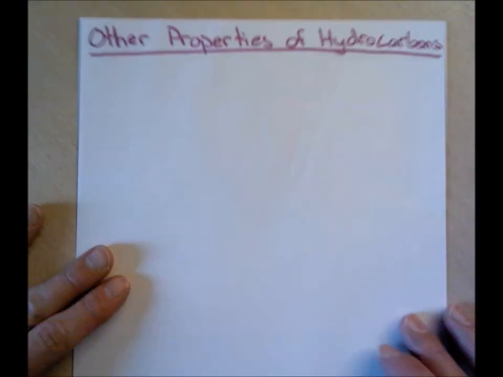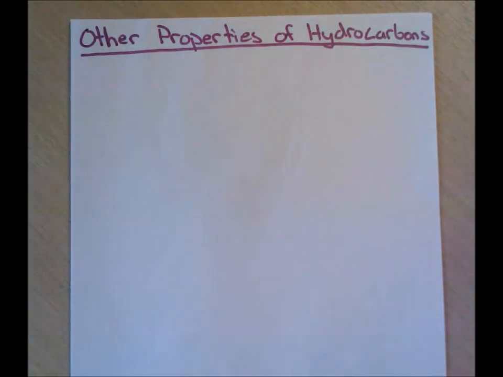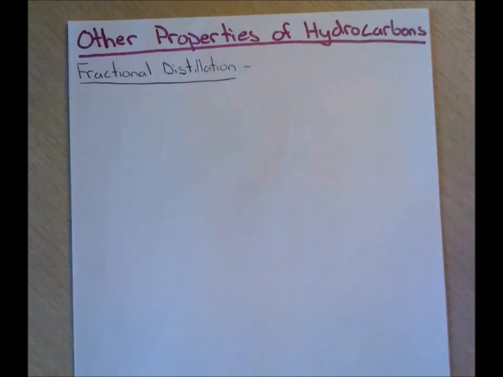So we start out here with this term known as fractional distillation. Fractional distillation is defined as the process that separates petroleum into simpler components called fractions by boiling the petroleum and collecting these particular fractions.